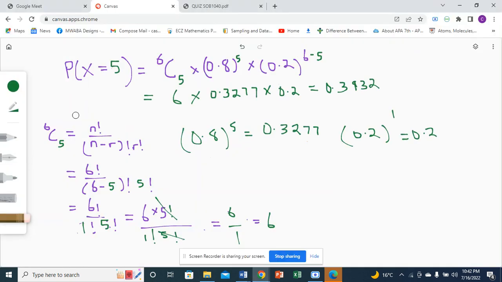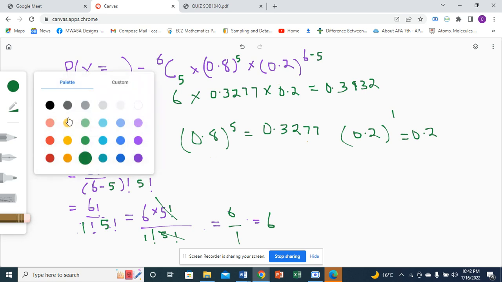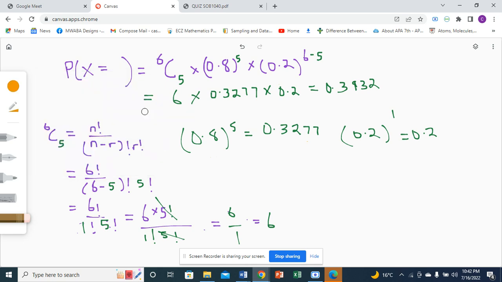So here, probability that 6 marketing strategies are effective. So we replace that 5 with a 6 here. All right.